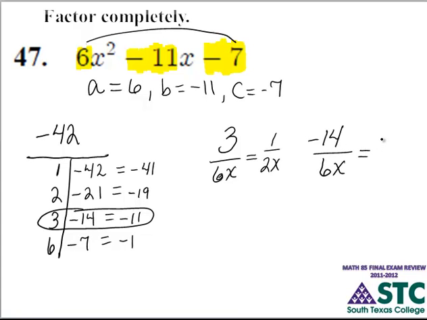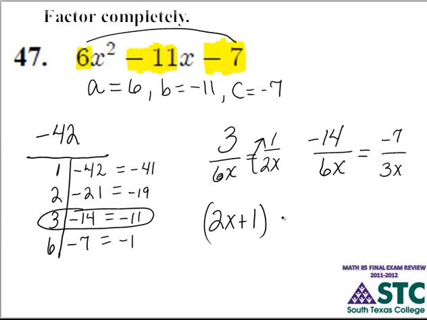So in this case, we would have a negative 7 over 3x. And then the very last step I tell students to do is rewrite or rearrange. So in this case, we would have 2x plus 1 times, and in this case, we rearrange this one, 3x minus 7.